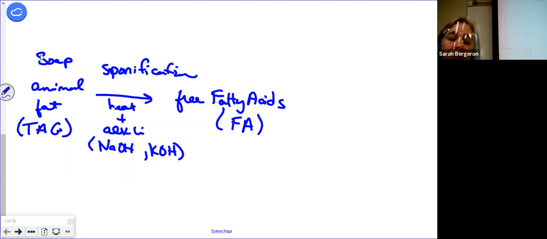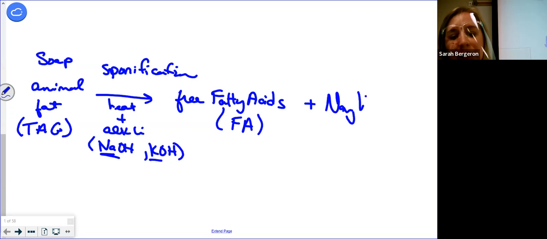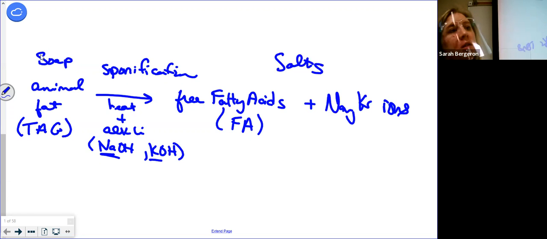So you don't just get free fatty acids, you also get whatever metal you had, so sodium or potassium ions. So you get basically salts, because these are both charged, so you get them as salts.